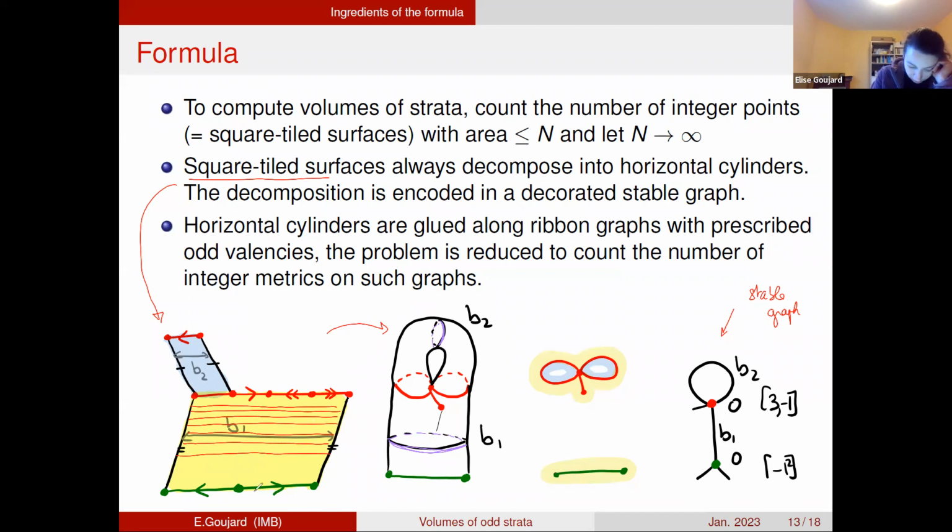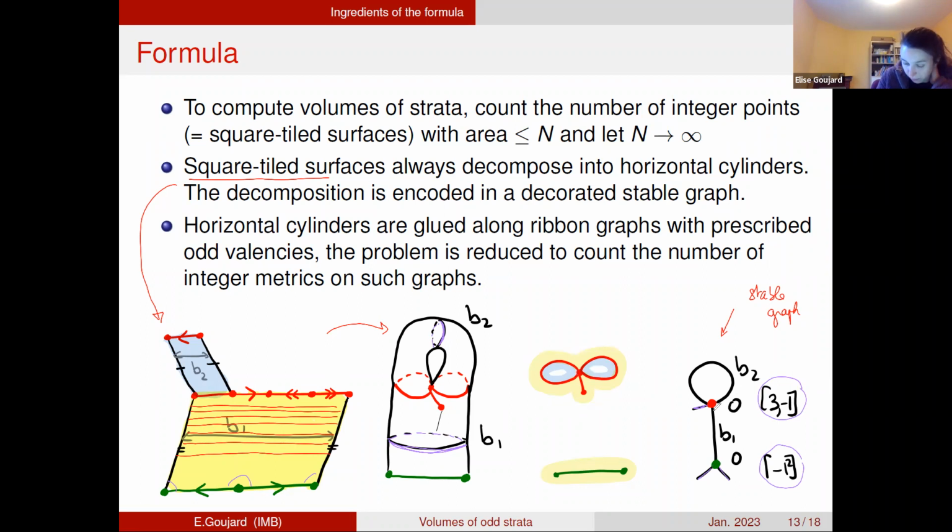Here I get two singularities of angle pi, so two poles of the differential, and I want to record them like this. It's optional since it's already recorded here. Here I put the genus of the ribbon graph that I get. So here it's this ribbon graph. If you look at the red graph here, it's genus 0. Here it's genus 0 also.